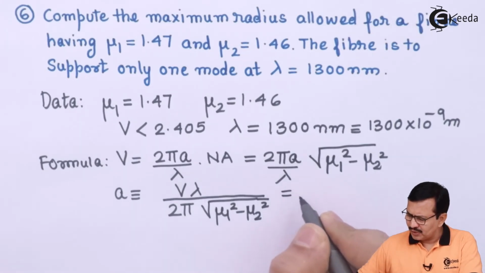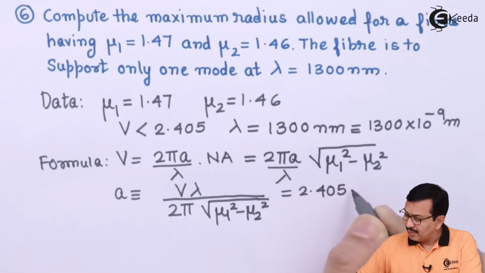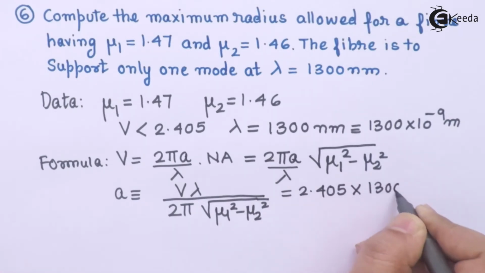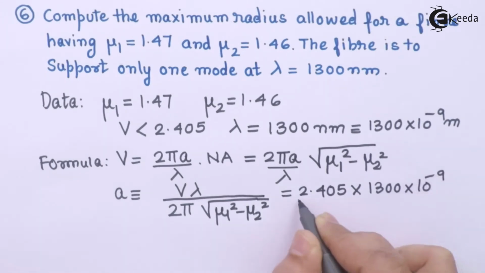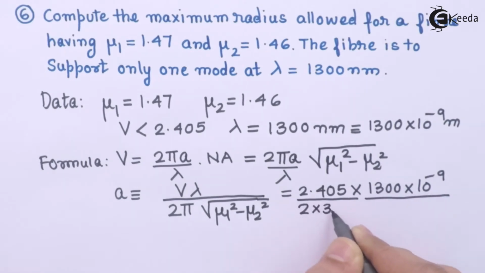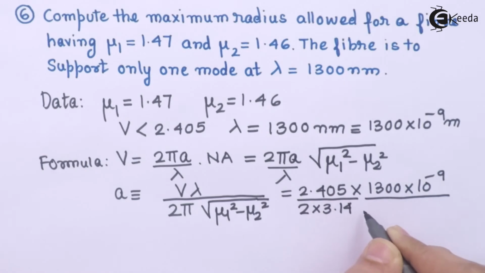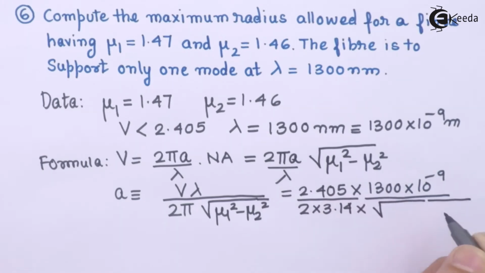This is equal to 2.405, because I want only a single mode, multiplied by 1300 nanometers, so I multiply by 10 raised to minus 9, divided by 2 into 3.14, which is the value of pi, multiplied by the square root of 1.47 square minus 1.46 square.